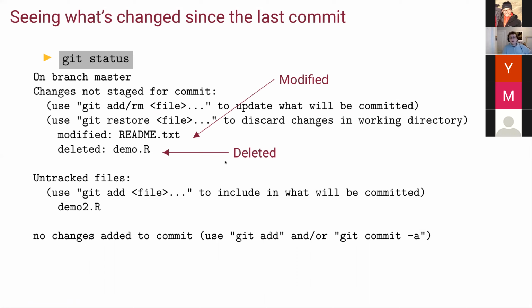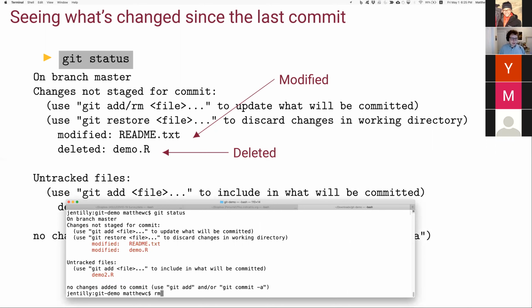In this example for the slide, I also deleted a file just so you can see how it reacts. And down here in the section that says untracked files, those are files that have never been committed to Git before. README was previously committed to Git, and now I've made some changes to it relative to what was previously committed. The untracked files are completely new files that Git doesn't know about yet.